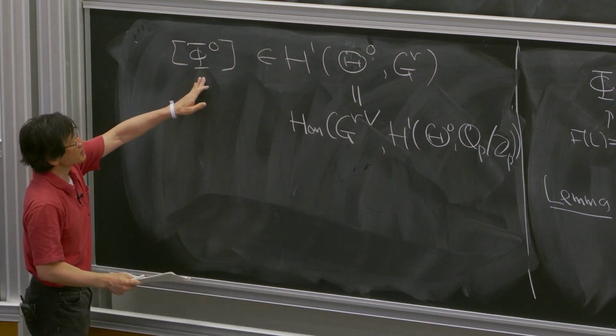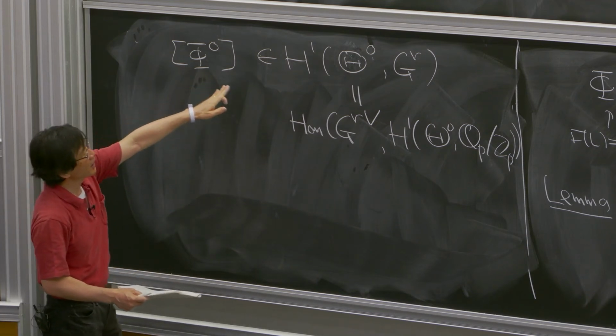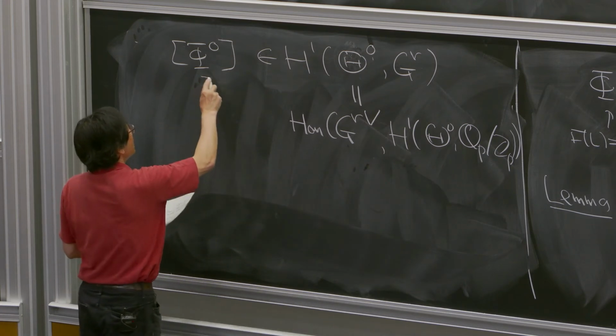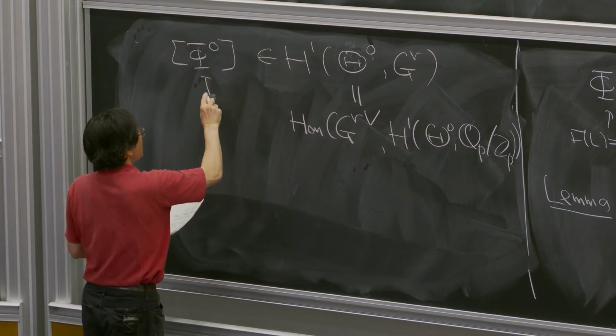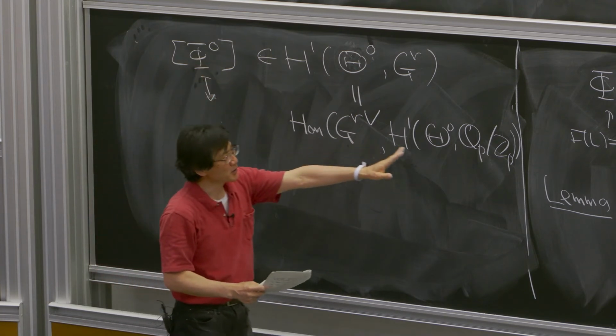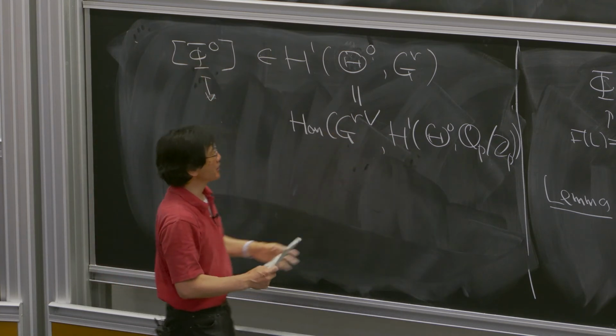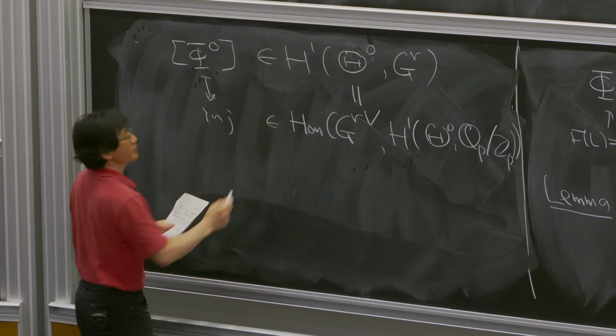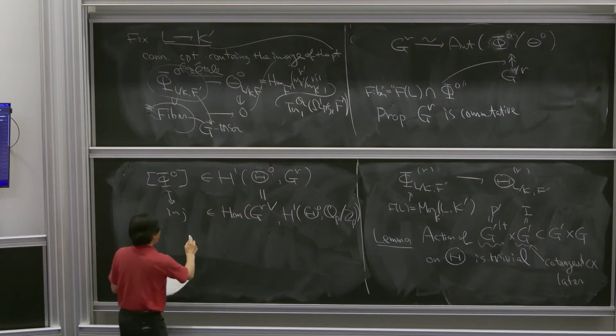So we can regard this as a homomorphism like this. And when we regard this cohomology class as a homomorphism, then this homomorphism is in fact an injection.